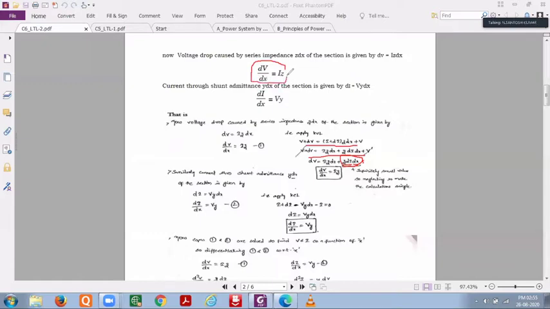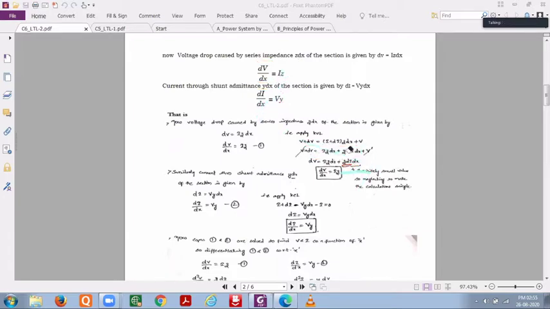I'm writing it in a box. Similarly, if I apply KCL, I'll get di by dx equal to Vy. These are the two main equations related to that circuit, right? So from these equations, now we have to find your voltages and currents at instant x, right?